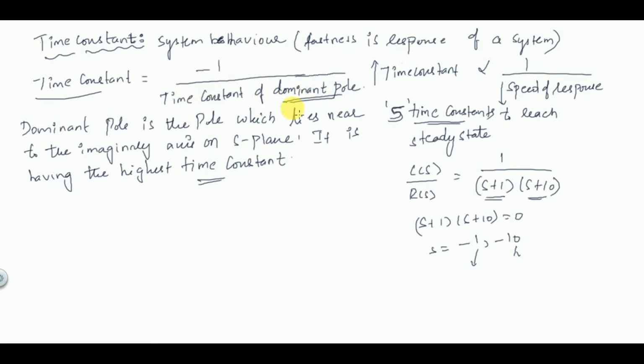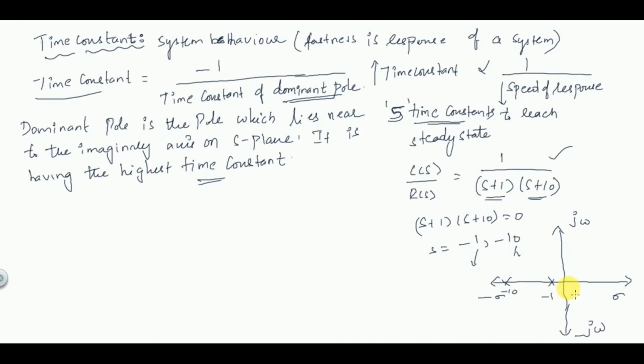If you draw the S-plane for this transfer function, on the x-axis you have the real part and on the y-axis you have the imaginary part, j omega, and this is minus j omega, and this is minus sigma. Both poles are real and negative. One is at -10, the other is at -1.